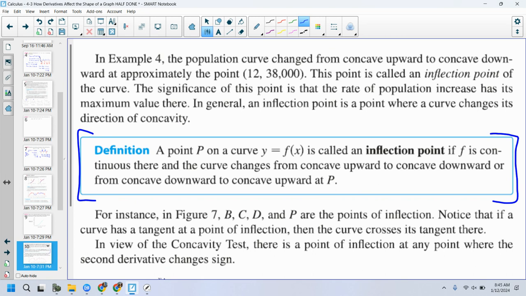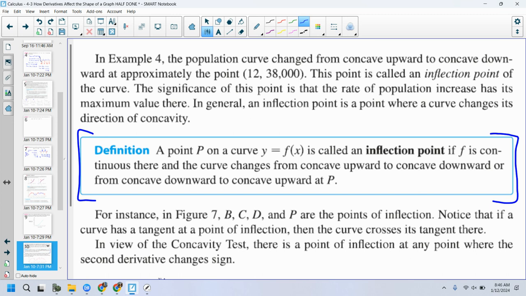Inflection points. A point P on a curve is called an inflection point if it's continuous, obviously if it's continuous, and the curve changes from concave upward to concave downward or vice versa, concave downward to concave upward. Again, those are called inflection points. Inflection points are the possibilities of locations. Inflection points are found by using where the second derivative is equal to 0.